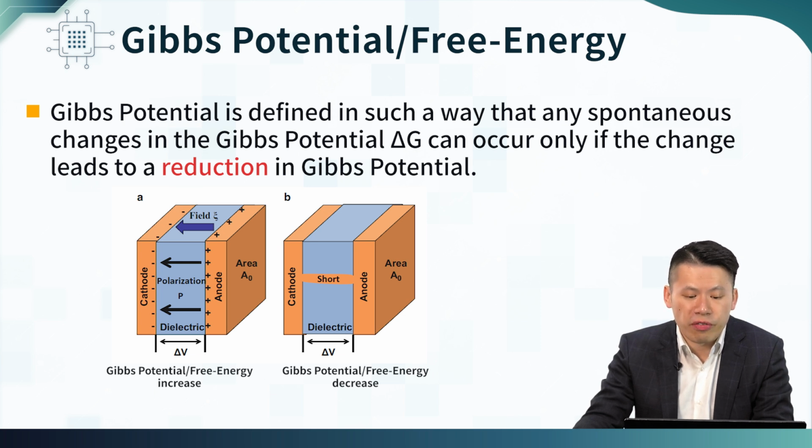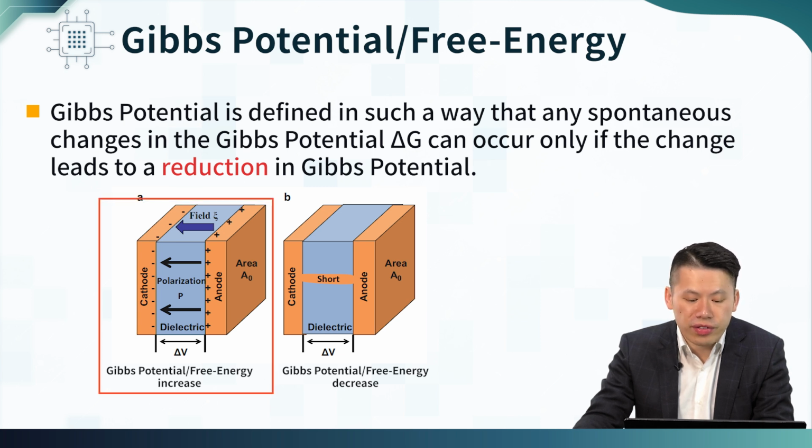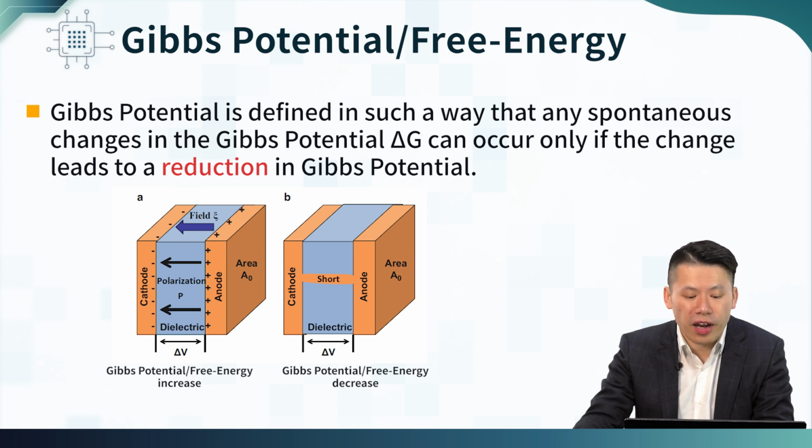The Gibbs potential is defined in such a way that any spontaneous change in the Gibbs potential, delta G, can occur only if the change leads to a reduction in the Gibbs potential. If you consider two metals with a dielectric in between, because of the separation by the dielectric, there is a potential between the cathode and anode.